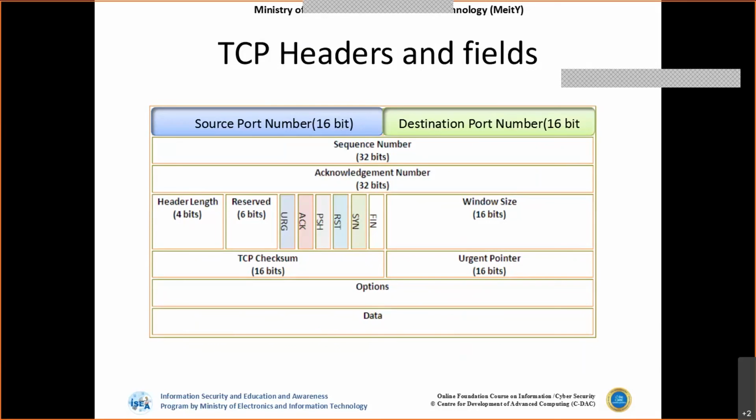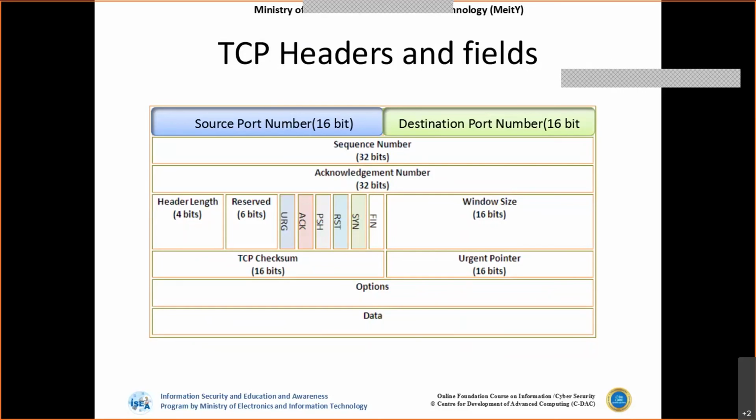And the other thing we have is the header length, and we have 6 bits reserved. The other part is the 6 flags, which are very important whenever we talk about TCP communication. Using these 6 flags, we can know what type of communication is happening between both parties, and using the same flags, we also use some scanning mechanisms to understand the behavior of the system.